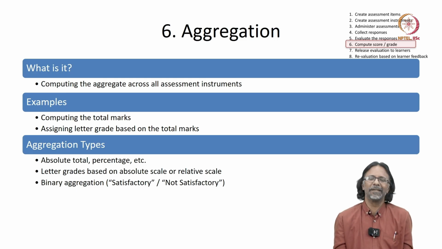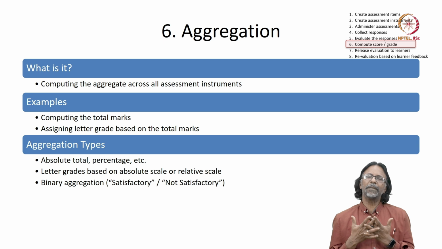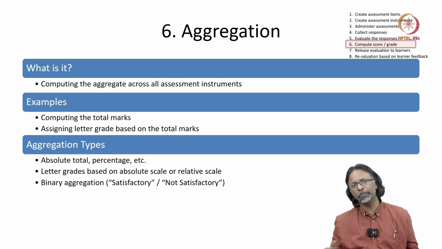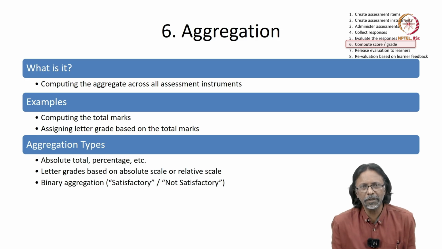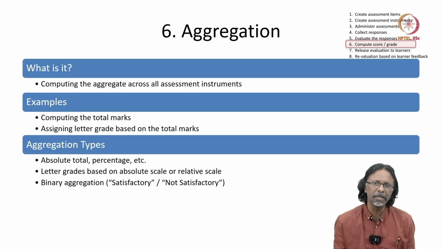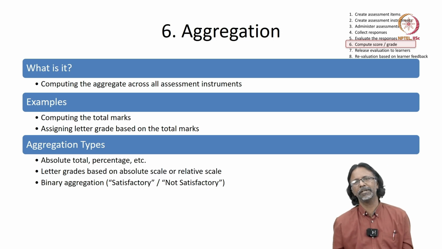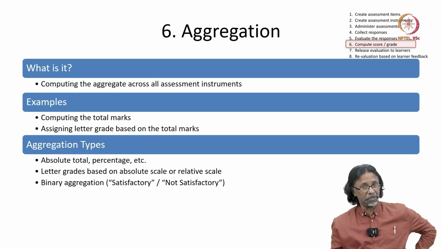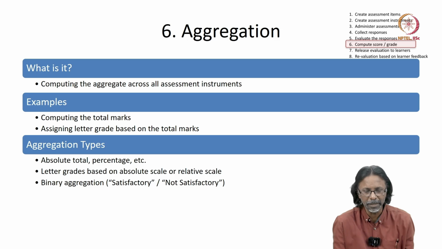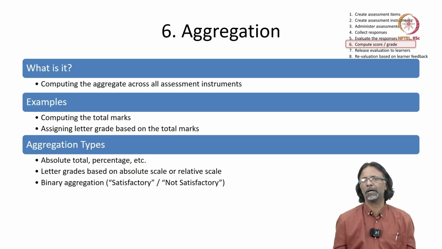Or, as I said, sometimes you may not really assign marks at an individual level, but eventually you may convert the total marks into some kind of a letter grade. Depending upon the academic institution, this can result in a grade of A, B, C, D, and F, which is what it is in our institution, or there can be variations such as A minus, A plus, B plus, and so on, right? Every institution can have their own ways of computing the letter grades.